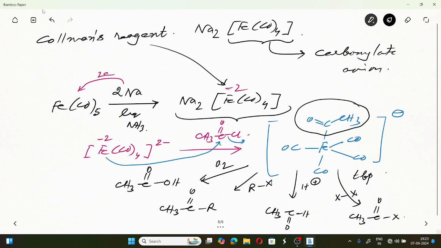Okay, now let us consider another reaction in metal carbonyls, that is reductive elimination.